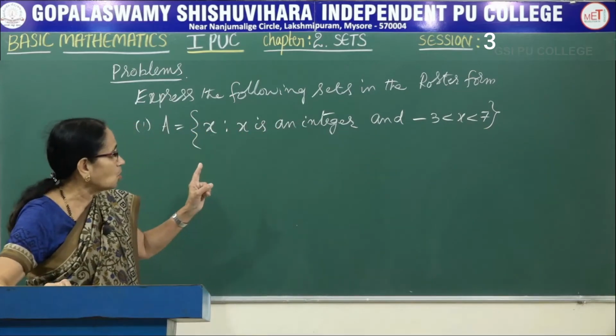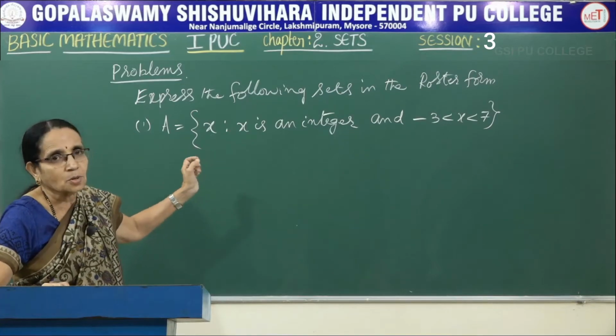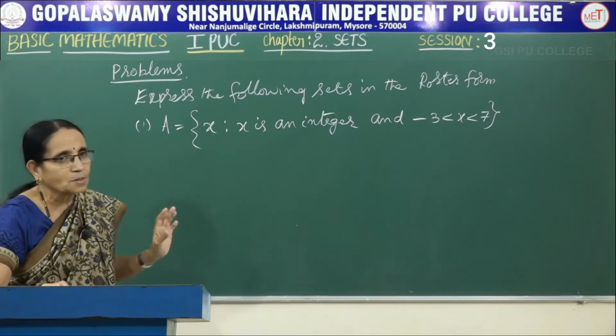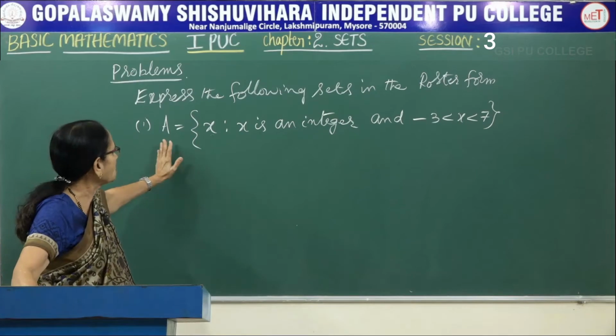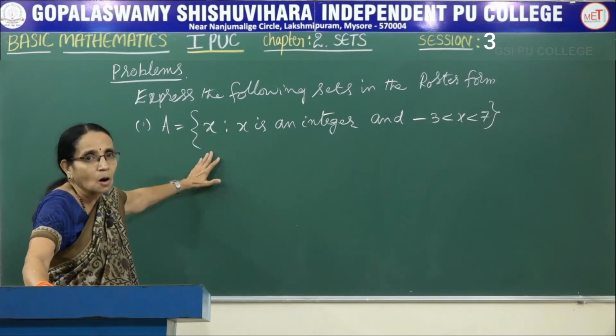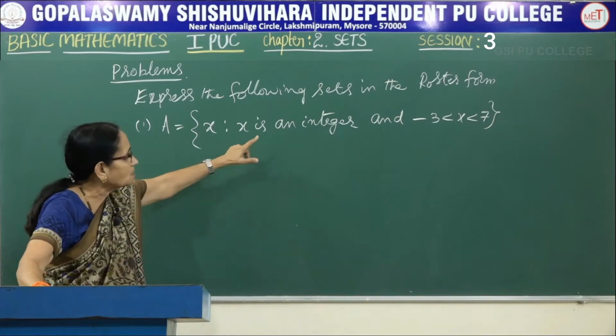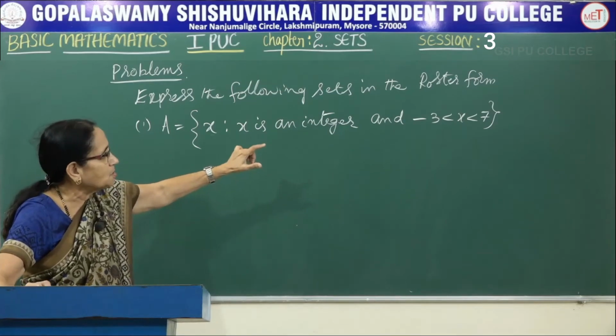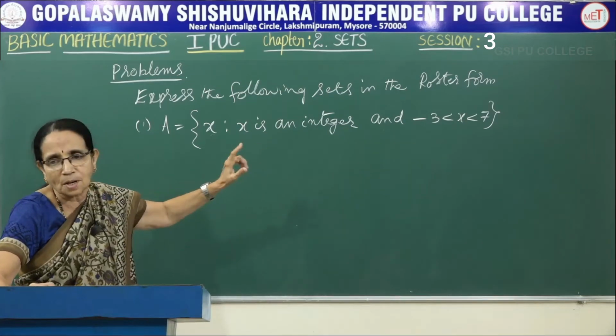So this is the rule that each element belonging to the set should follow. That means we read it like this: A is a set containing all x such that x is an integer and minus 3 less than x less than 7.